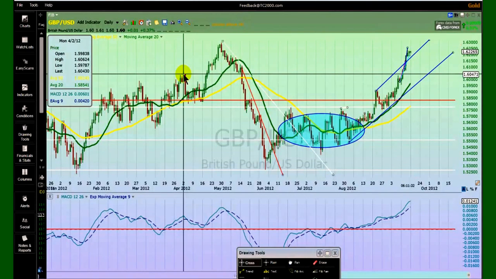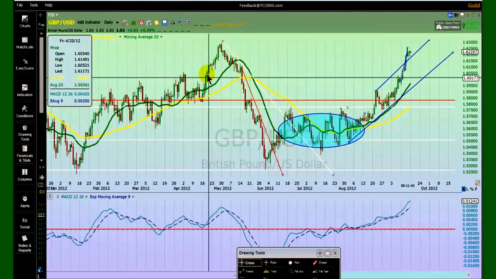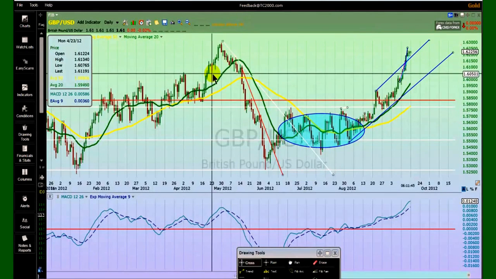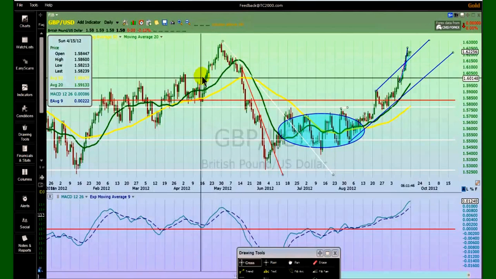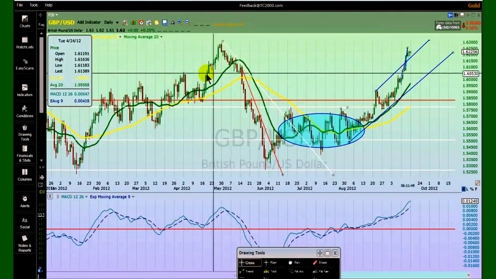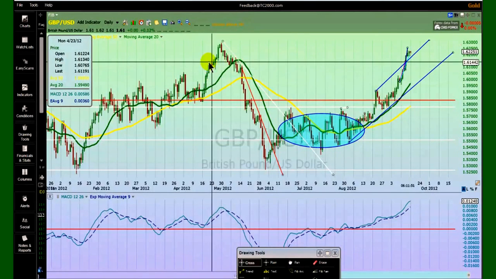You want to buy above the 20, but you don't want to buy anyhow. You want to buy at a value support level: break above, retest, turn around. You can see the price went up and tried to come down here. See the horizontal line here, you break above it, and try to retest it here.